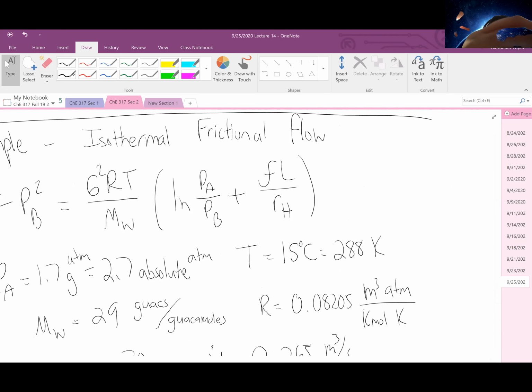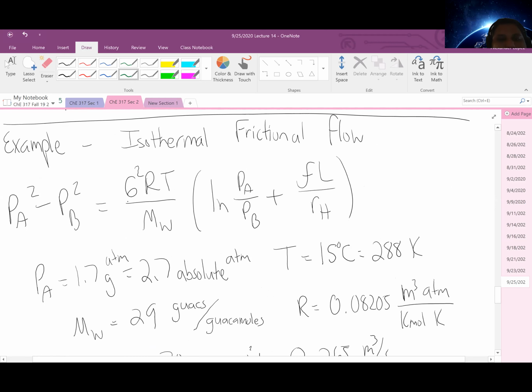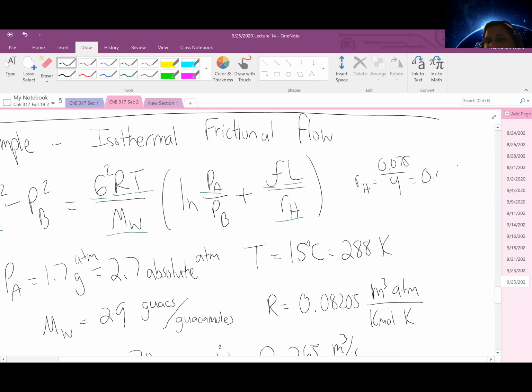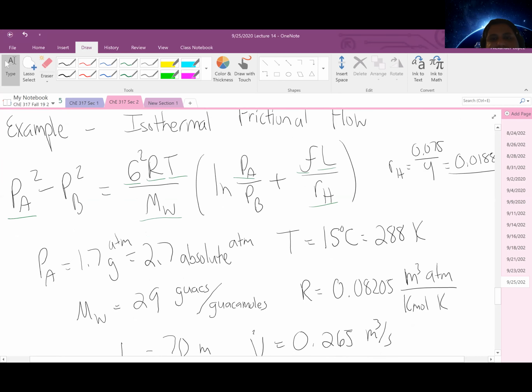But now, looking at our expression, we know this value, this, and this, where we can solve for the hydraulic radius. It's just 0.075 over 4, which is approximately 0.01875, or 0.0188 because sig figs.